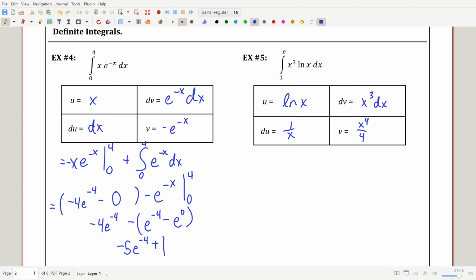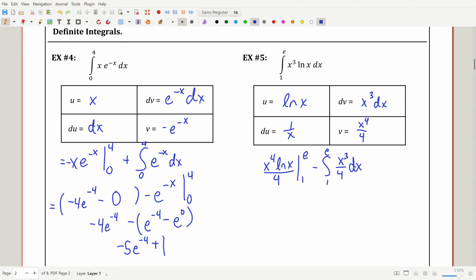So it looks like we get uv. So we have ln x times x to the 4th over 4. There's no good way to write that. Let's do this. X to the 4th ln x over 4, evaluated from 1 to e, because why not? V du, x to the 4th over 4x, x cubed over 4. And with limits from 1 to e.